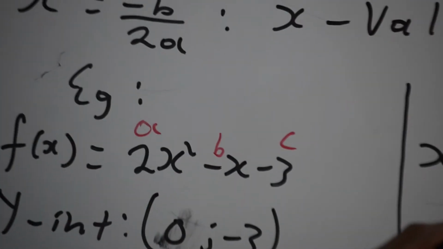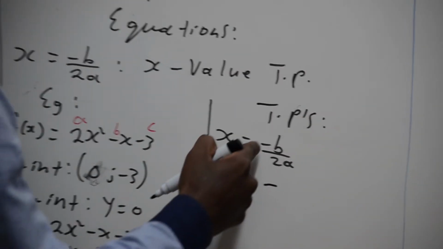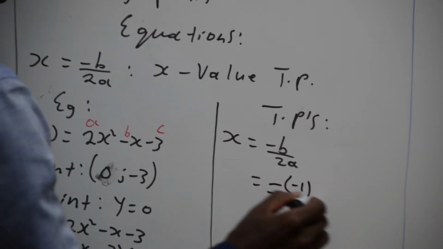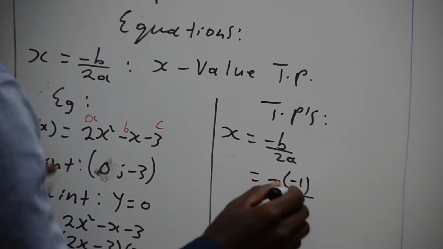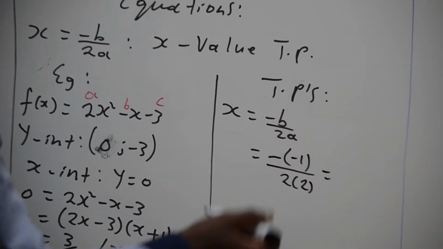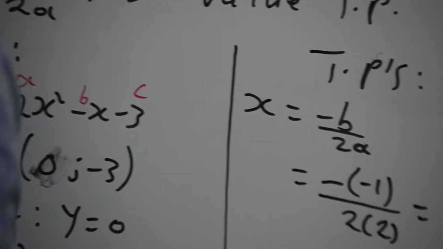So in this equation, our b is negative. So we have this minus of the equation. Then b wako is negative 1 divided by 2 into 2. So if you punch your calculator, you'll have 1 over 4.